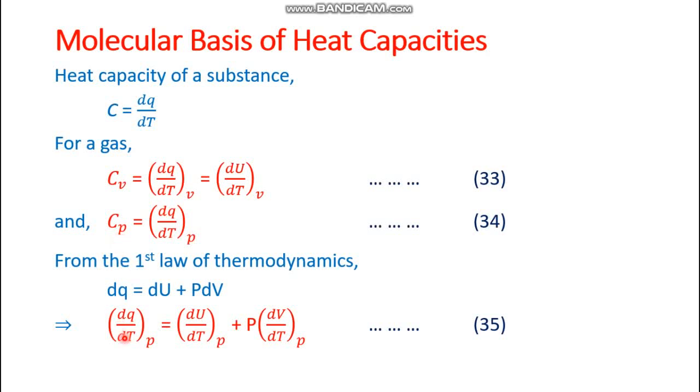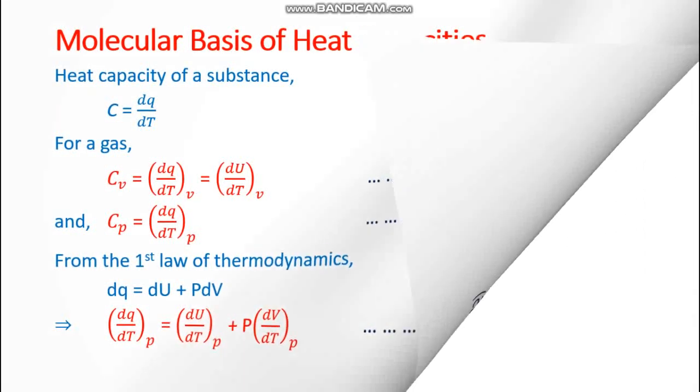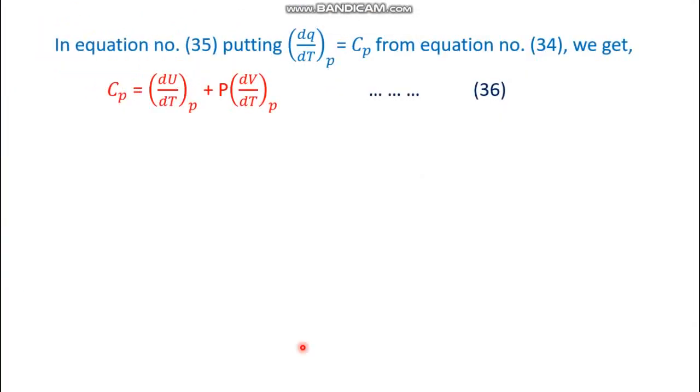So in equation 35 we put (dQ/dT)_P equals Cp, which has been derived from equation number 34. Thus we get the relationship Cp equals (dU/dT)_P plus P times (dV/dT)_P, and this way we get equation number 36.